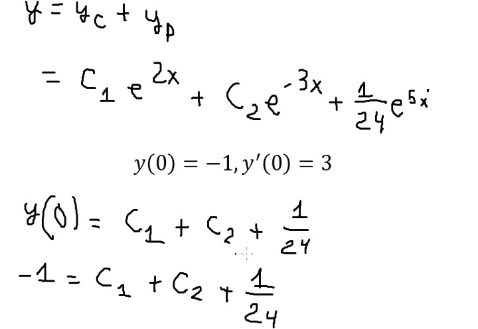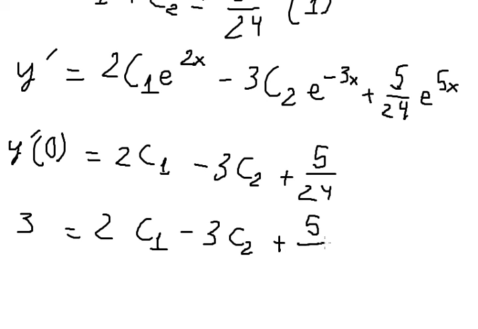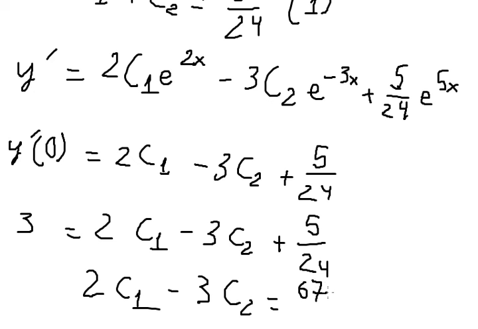About this one, that's number 3 in here. Now I will put this one to the left, and we have 2c1 minus 3c2, and we have number 3 minus 5 over 24. So we have 67 over number 24, and we have equation number 2.